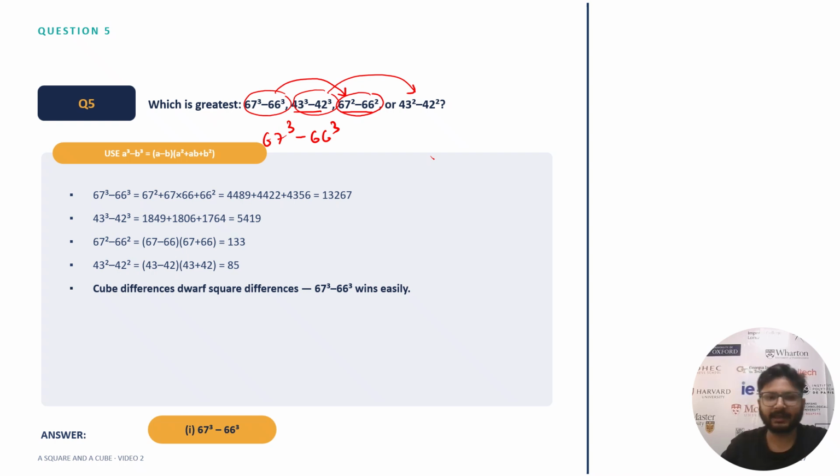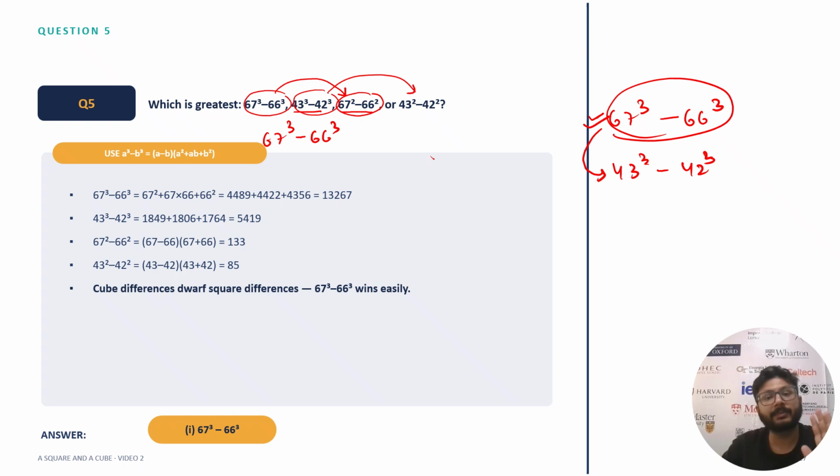Always remember this thing: when I talk about 67 cube minus 66 cube and 43 cube minus 42 cube, higher the number is going to give higher difference. So the first one is going to be greater than the second one.